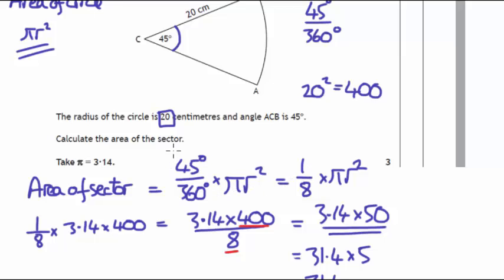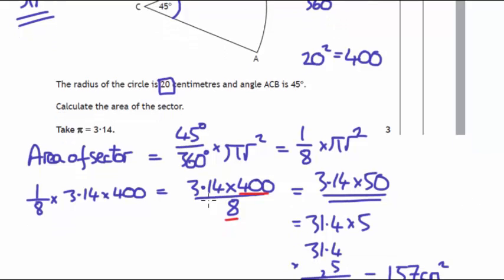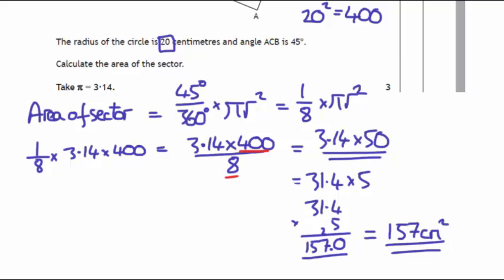We simplified the 45 over 360 into a more manageable number, an 8th times pi r squared, so that's an 8th times 3.14 times 400, and then that gave us this fraction, which we then simplified into 3.14 times 50. From that we can work it out just by using multiplication to give you an answer of 157 centimetres squared.